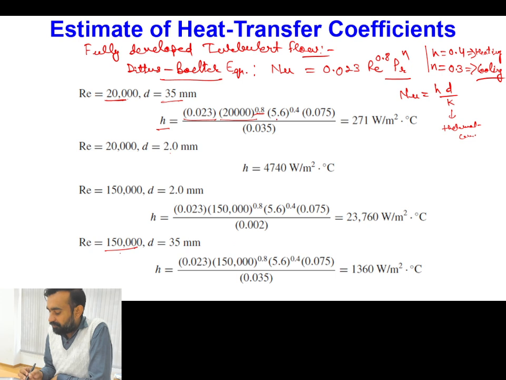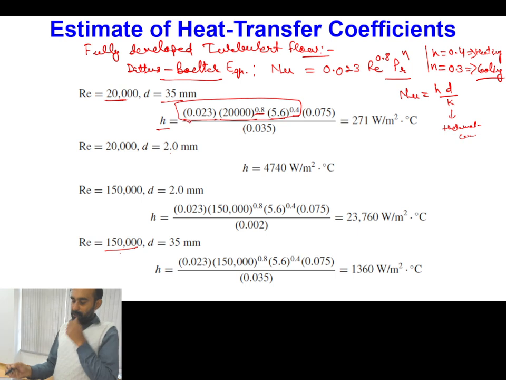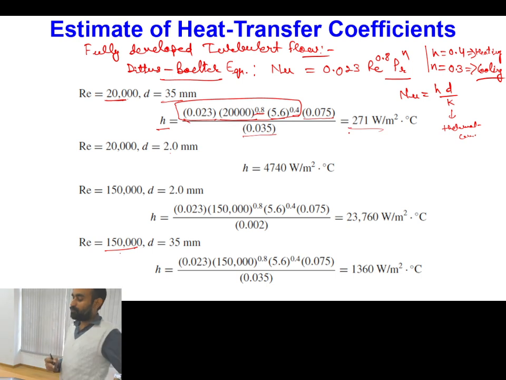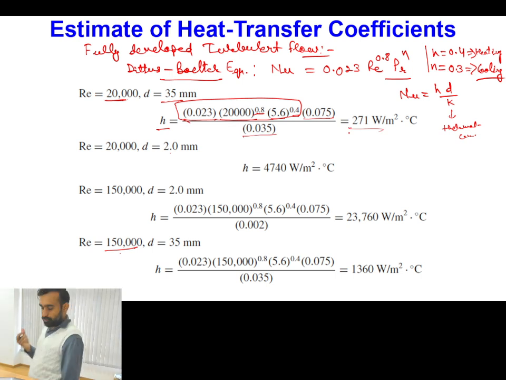Prandtl number is given in the properties as 5.6, so 5.6 power 0.4. Now this entire expression is my Nusselt number. In order to calculate h, this Nusselt number must be multiplied with the thermal conductivity of the refrigerant, which is 0.075, and divided by diameter. So my heat transfer coefficient theoretically for 20,000 Reynolds number at 35 mm diameter is 271 watt per meter square degree Celsius.